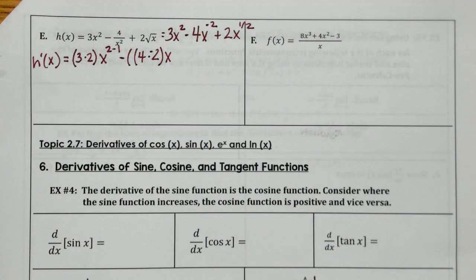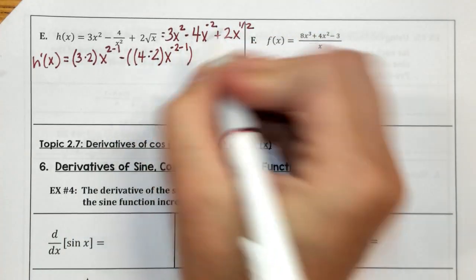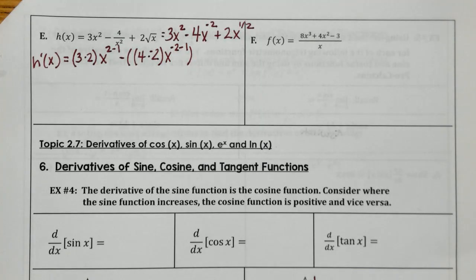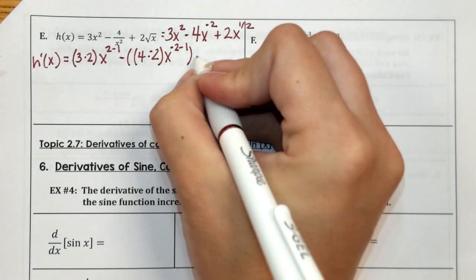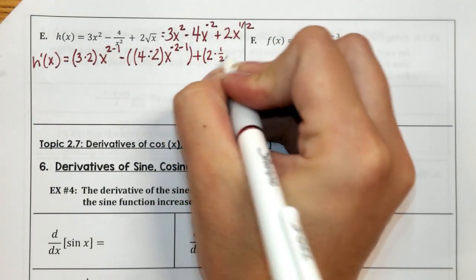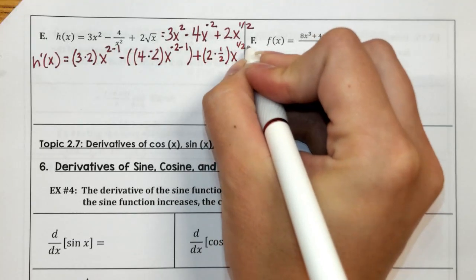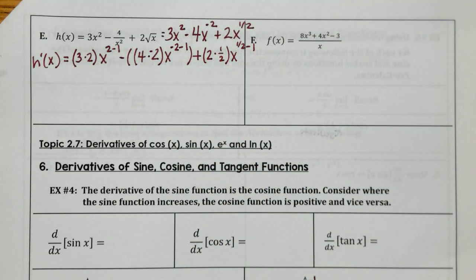And we have x to negative 2 minus 1. And the very last one, we're doing a times n, which is what? 2 times 1/2. And then x to 1/2 minus 1.